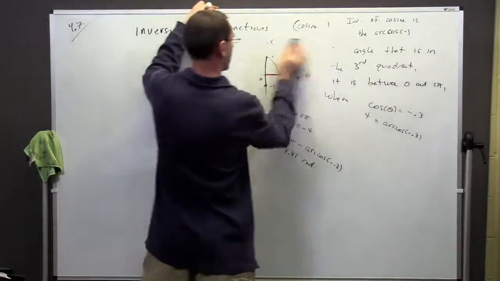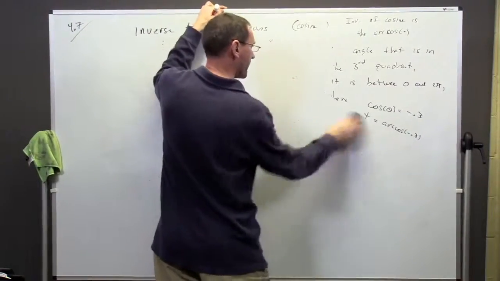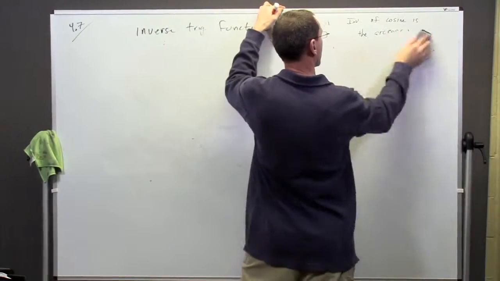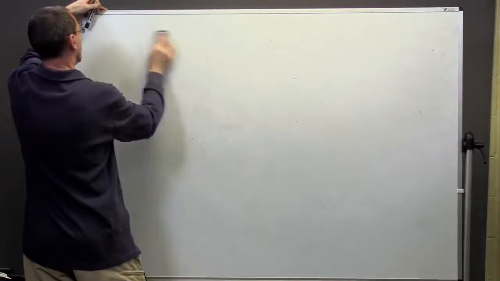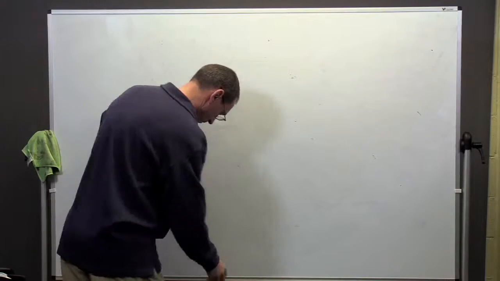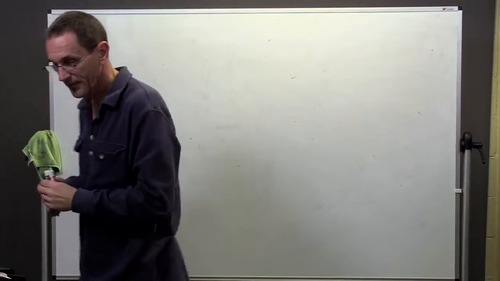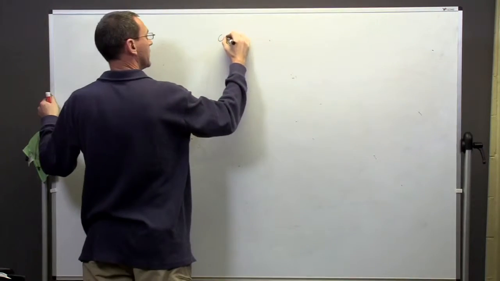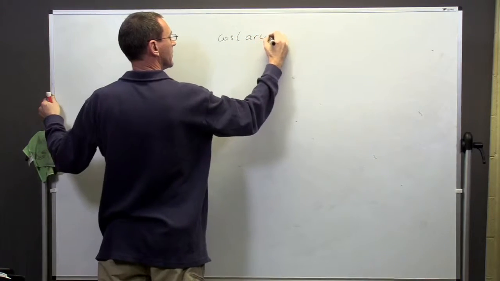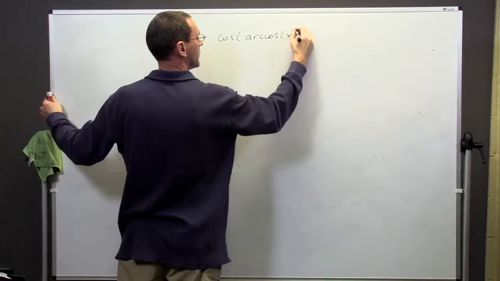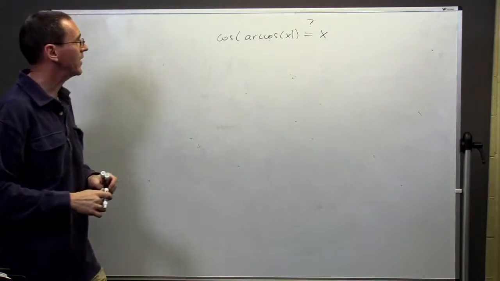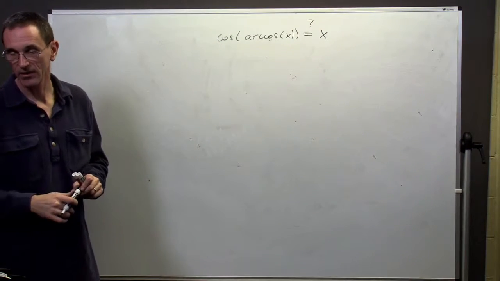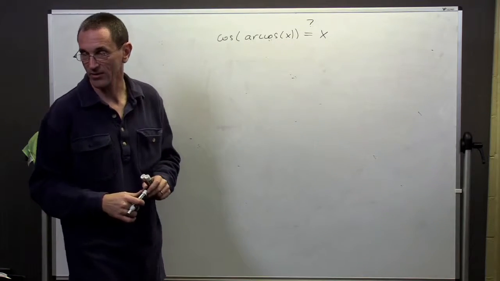But it's a little bit weird. What the heck is going on here? If I want to take the cosine of the arc cosine, the question is, is this thing x?